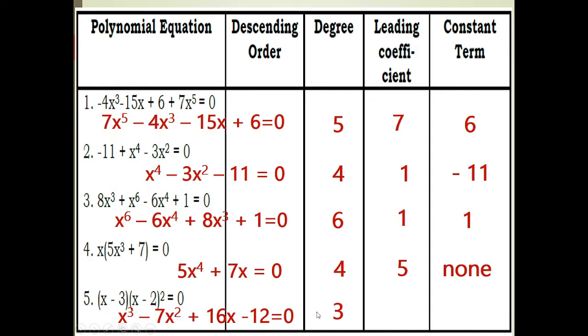Basta yan po ang tamang sagot. So, the degree is 3. And then, the leading coefficient, wala na naman. So, understood it's 1. And then, the constant is negative 12. Yan. So, these are needed to find the roots of polynomial equations later.